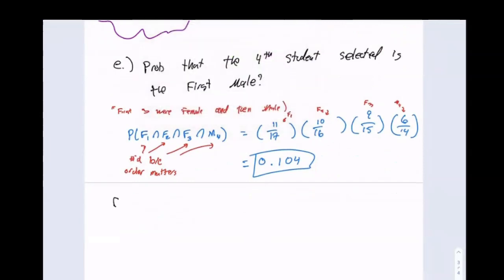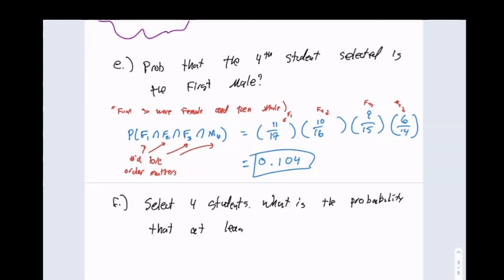And our final type of problem, which we've already done. What is the probability, so we're going to select 4 students, that at least one is male?